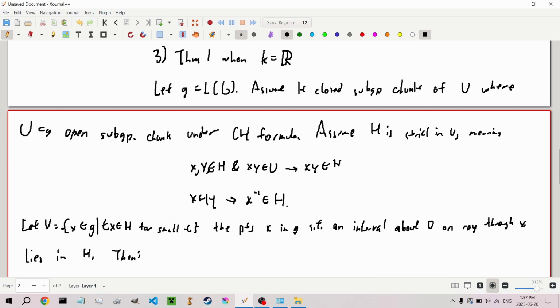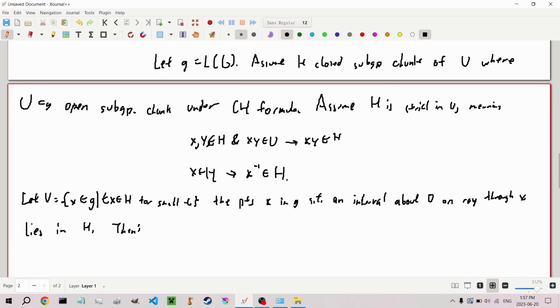Then, well, we have a lemma we need to show in this case, which has two simple parts. First off, V is a Lie subalgebra of g.